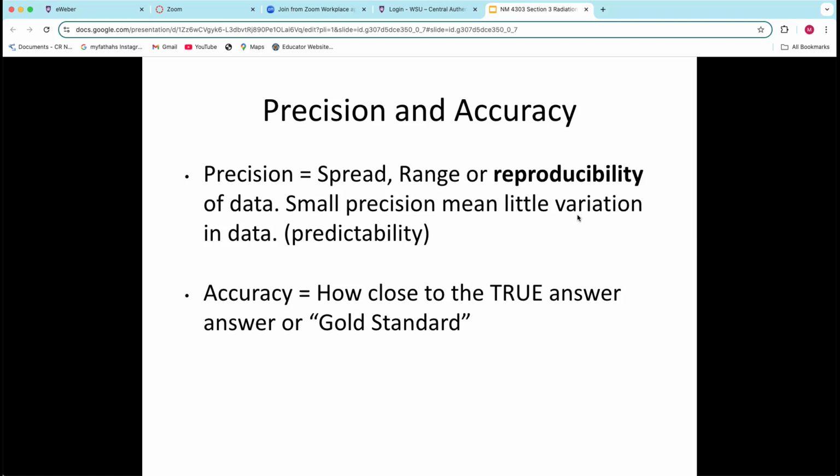What typically happens for me is I end up with a spread that's up and to the right. However, my grouping is really tight, meaning that of all the shots I took, they're fairly close together, but they always seem to be up and to the right. So here's my question where I need participation. Am I precise and am I accurate? What do you guys think?